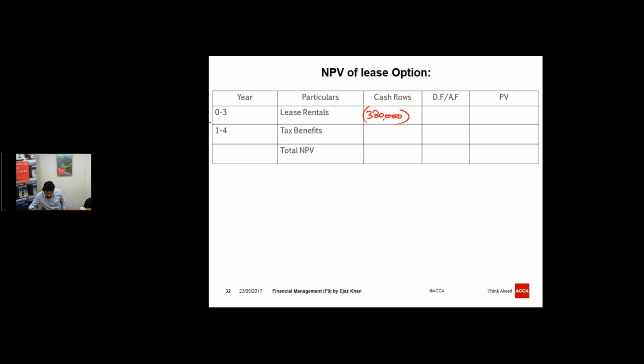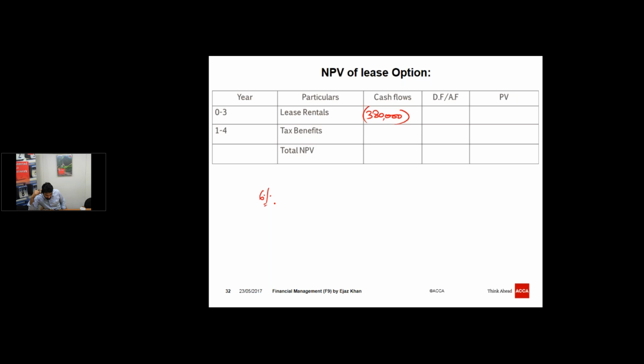I have taught you the formula yesterday about the advance annuity, but we have another way of calculating it. Can anybody tell me the annuity factor for 6% for year 3? Don't tell me the discount factor, Aisha.